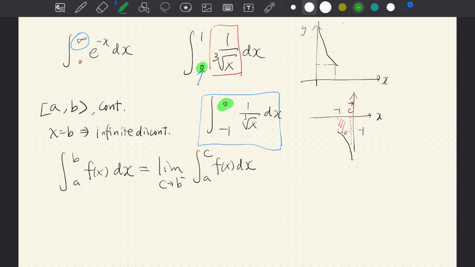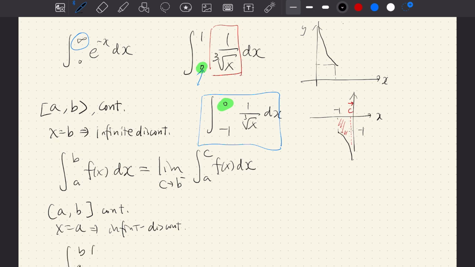Okay, then we can look at another scenario, which is depicted as this one. If the infinite discontinuity is occurring at the lower limit of integration, so now f of x is continuous between a and b, but not including a, because when x equals a, it has an infinite discontinuity. Then what we mean by integrating f of x from a to b is that first we evaluate the definite integral from c to b, then letting c go to a from the positive side.